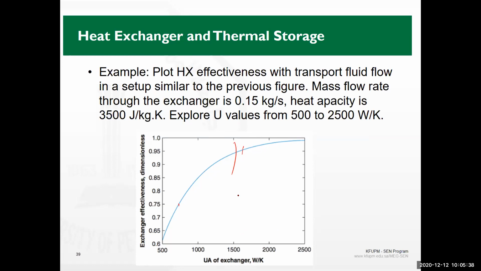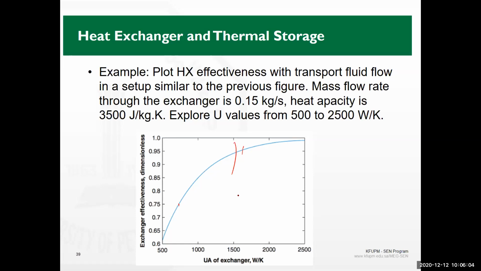So we plot the heat exchanger effectiveness with a transparent fluid flow in a setup similar to the previous figure, but the mass flow rate through the exchanger here is given as 0.15 kilogram per second, with Cp the heat capacity of the fluid. Then we can look at U values from 500 to 2500.